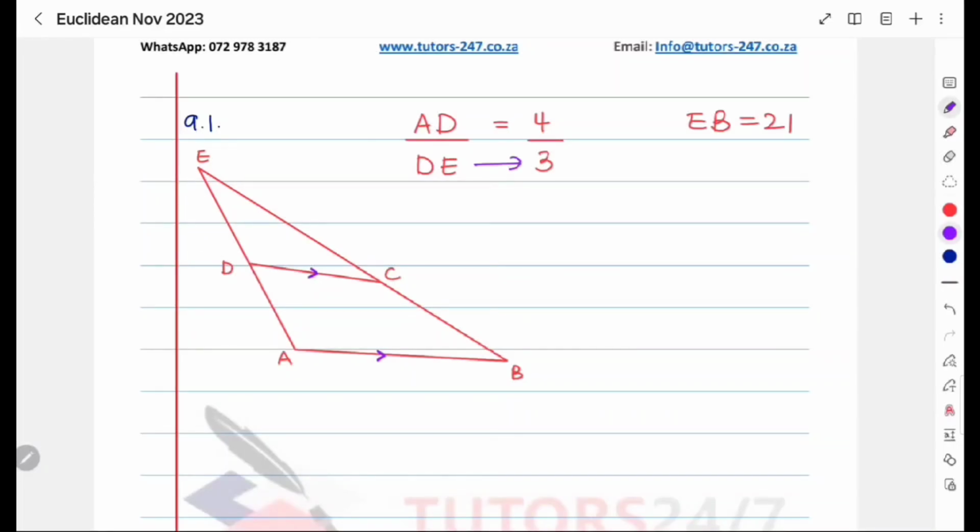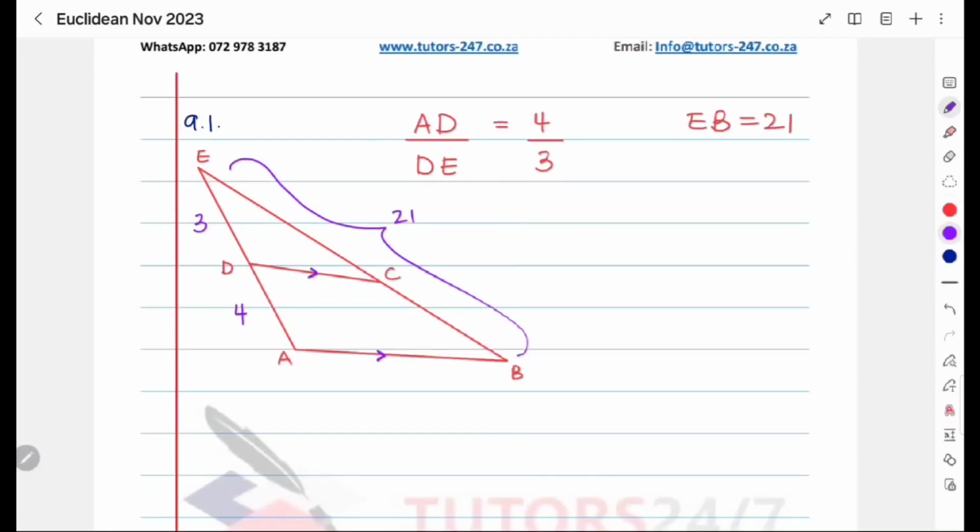So they said that DE is in a ratio of 3. It doesn't mean the length DE is 3, it just means when you take the ratio of the bottom over the top, it is 3. And this bottom is 4. Doesn't mean the length is 4, it just means their ratios are 3 and 4. We then also know that the entire side EB is 21.